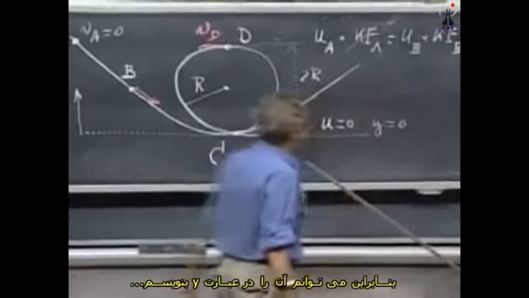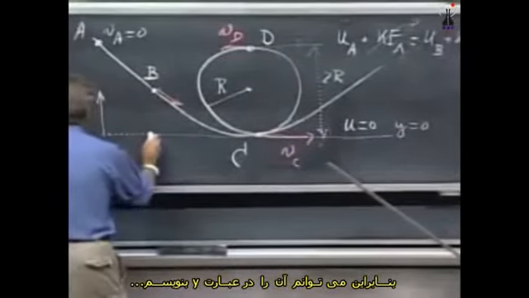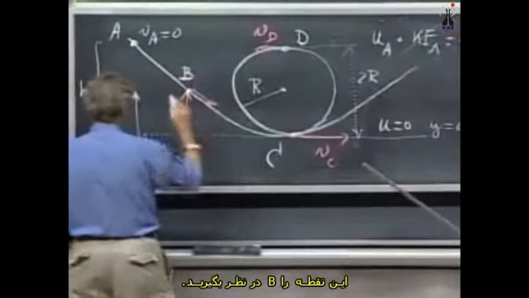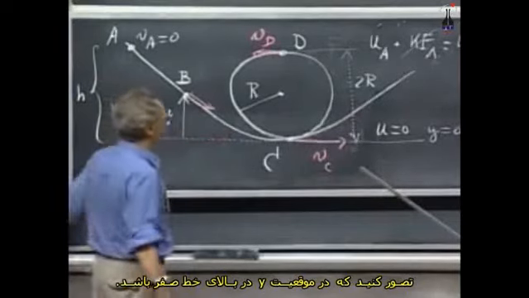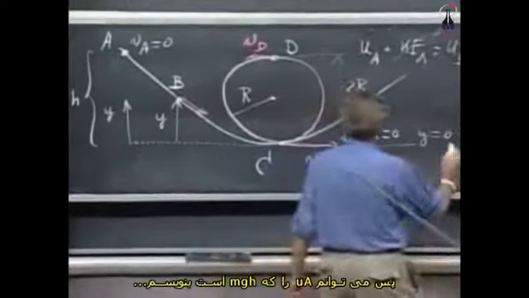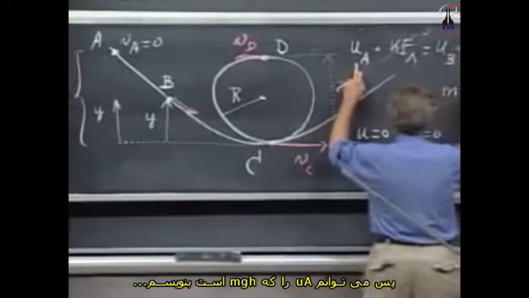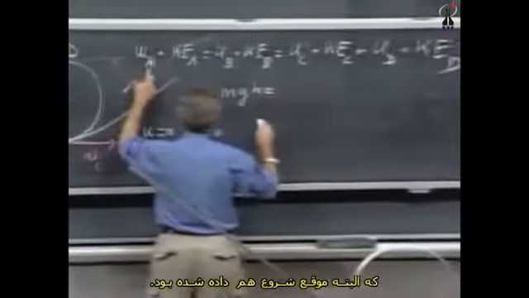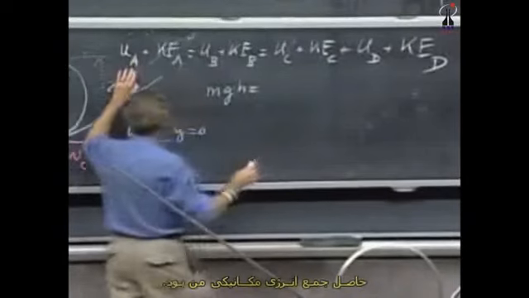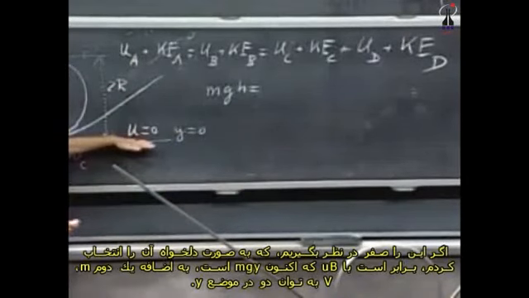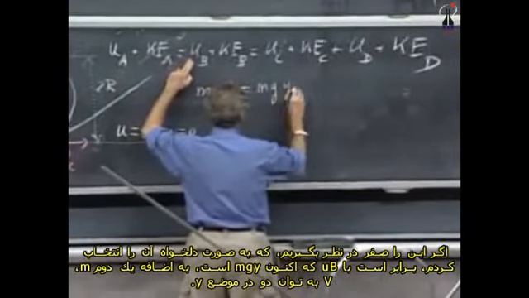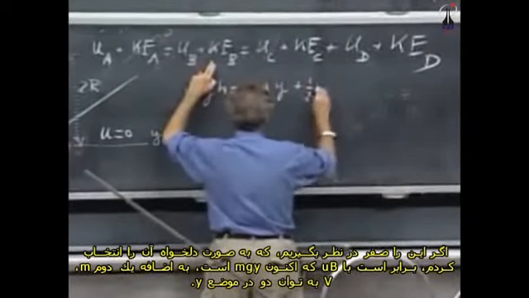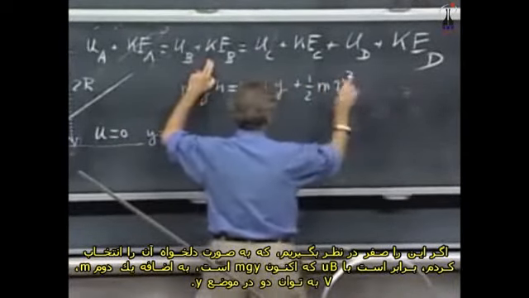And so now I can write this in general terms of y. Take this point B. Think of that being at a location y above the 0 line. Then I can write down that U_A, which is mgh, that was a given when I started. That was all the energy I had. That was my total mechanical energy. If I call this U0, which is a free choice I have, it equals U of B, which is now mgy plus 1/2 m v squared at that position y.